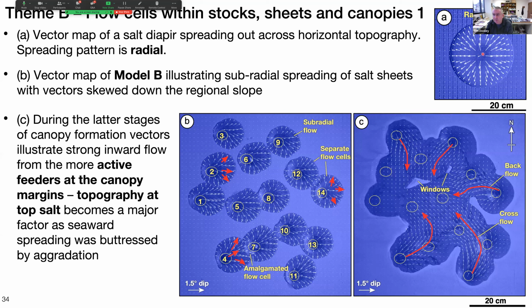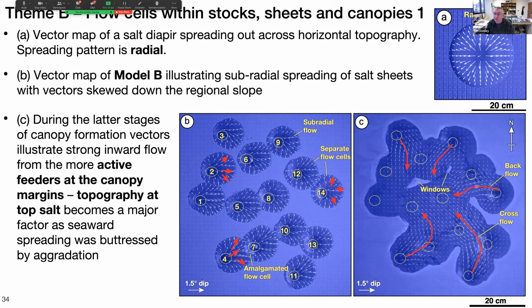The sheet has spread out on a flat surface here. On the other hand, if you have this up on a slope, what you see are separate flow cells here in each. Here we have hooks up, but almost all of them are separate subradial. They tend to flare down slope, as you have on here.